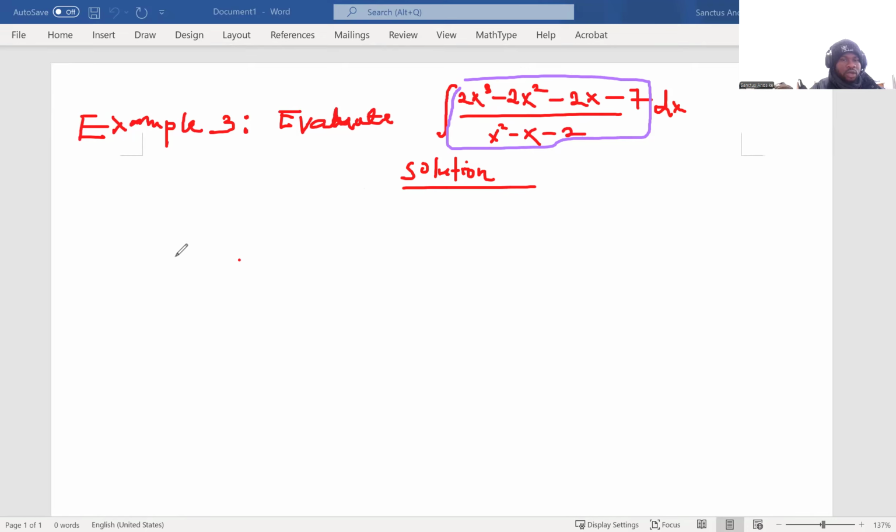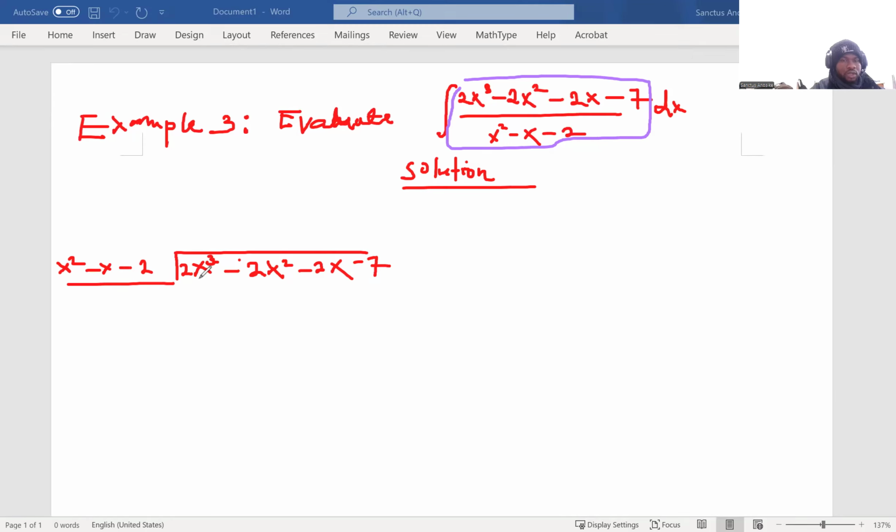All right, so now we have this as the divisor, x squared minus x minus 2. And this is the dividend, 2x cubed minus 2x squared minus 2x minus 7.